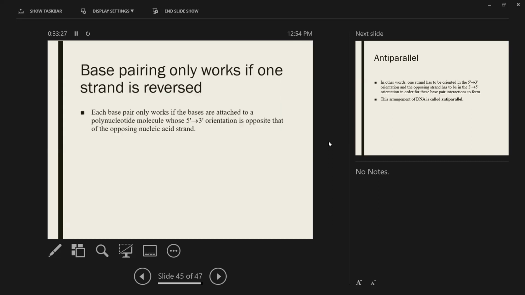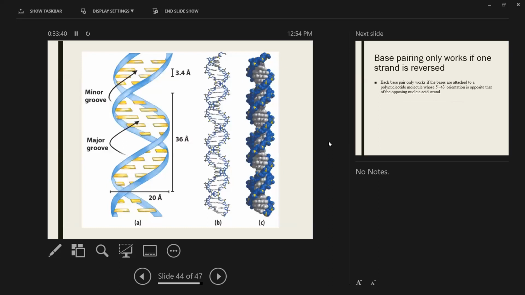Now, this double helix only works if the polarity of each strand is reversed relative to the other. So this strand here goes from 5' to 3'. That means this strand here goes from 5' to 3'. That's the only way you get this regular structure.